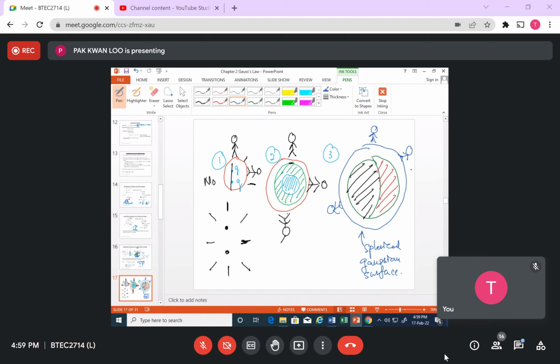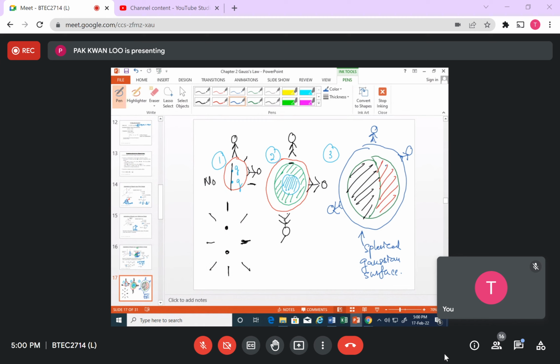So for this type of scenario, where the charge distribution is not symmetric, we cannot find any appropriate Gaussian surface that can be applied using Gauss law to calculate the electric field.